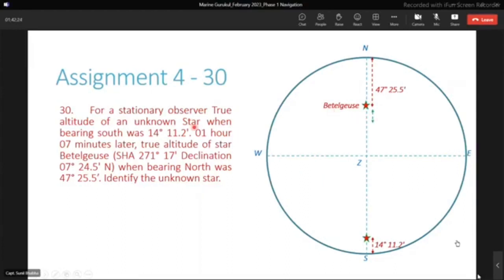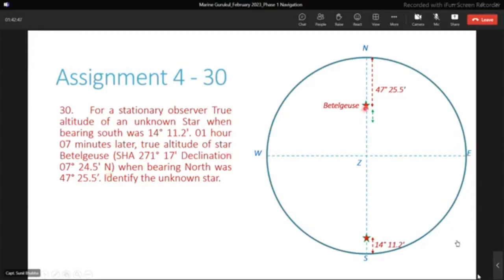Now, on this particular day, the declination of Betelgeuse was 7 degrees 24.5 minutes north. In other words, Betelgeuse is 7 degrees 24.5 minutes north of the equinoctial. This tells me the equinoctial is 7 degrees 24.5 minutes south of Betelgeuse.